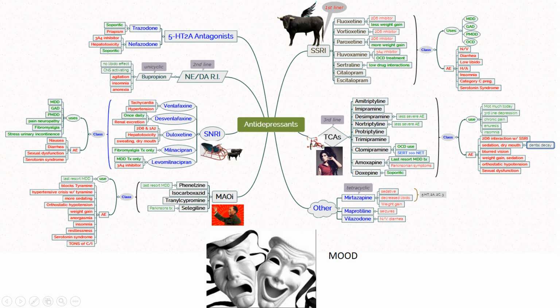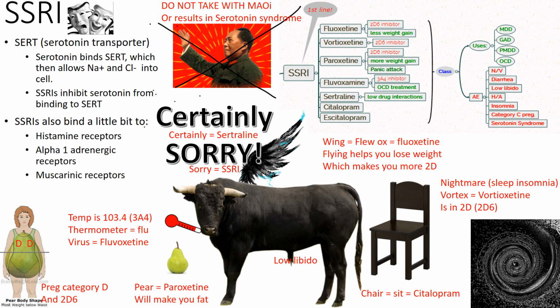This is the tricyclic, and this person apparently is named Amy, amitriptyline. So you're thinking the Amy tricycle. Over here is an SNRI, or a snow ride, and there's a dual oxes pulling it. And this is apparently Mao Zedong. So here's MAOI, looks like Mao. And we'll go into that in more detail, starting right here.